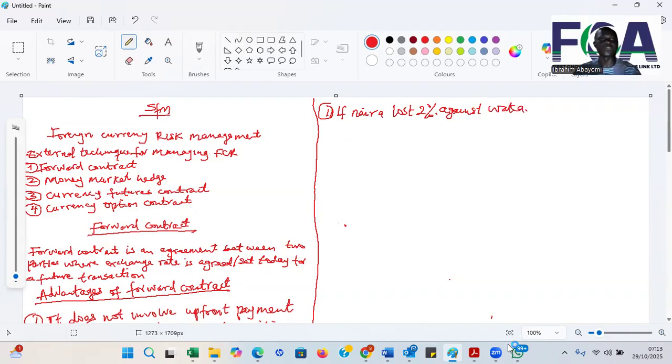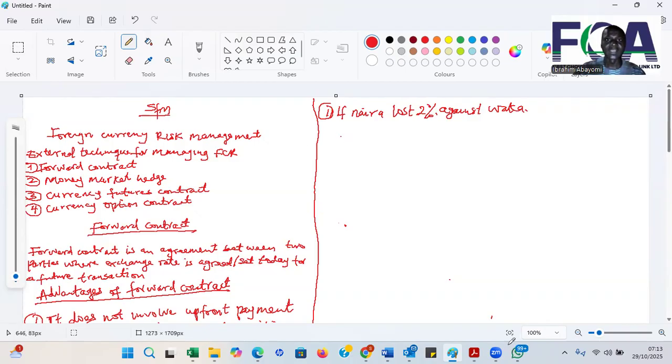If Naira loses 2%, it means we need less Waka to get one Naira. The price currency is Waka. So we will be needing less Waka to get 1 Naira if Naira has actually lost 2%.